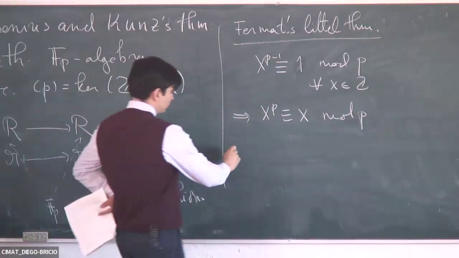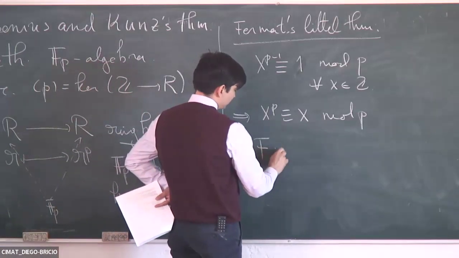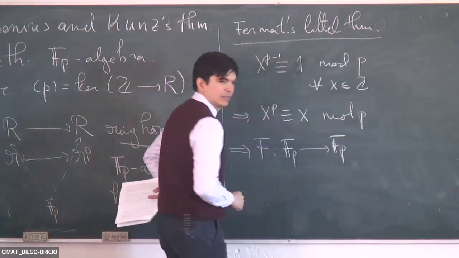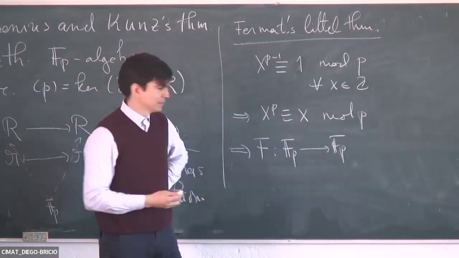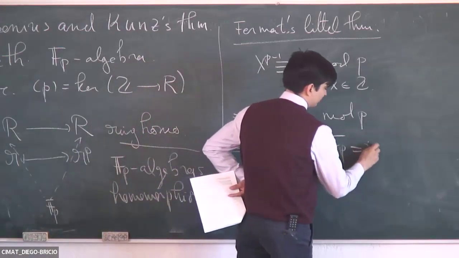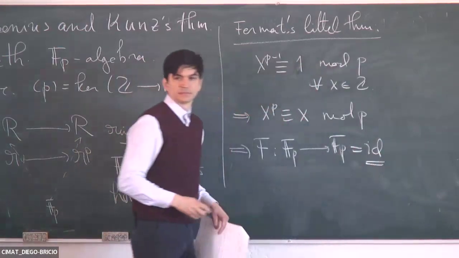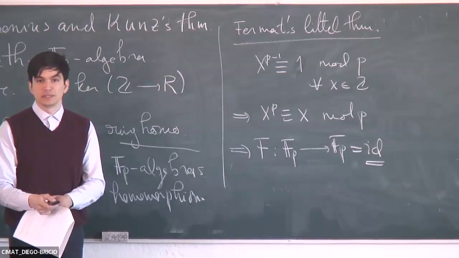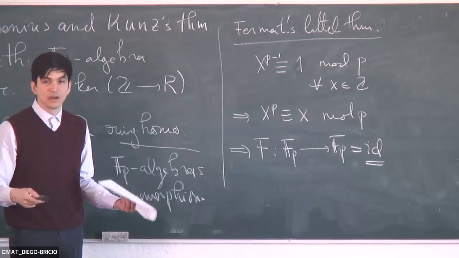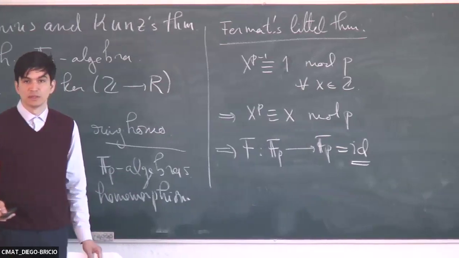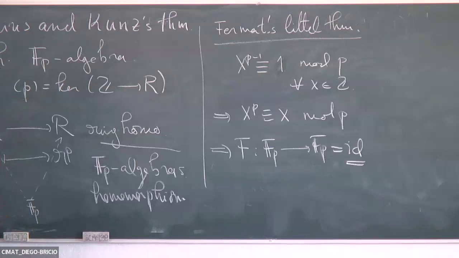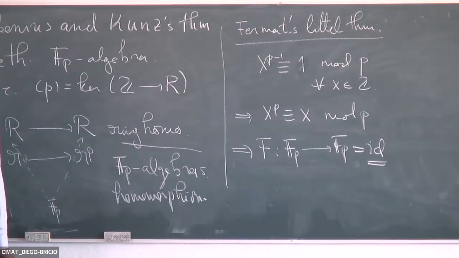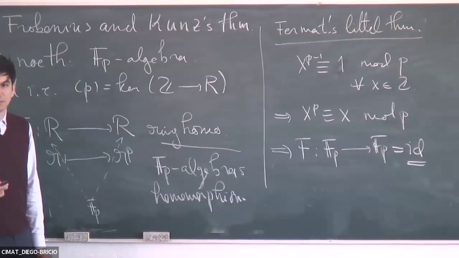Right? In other words, the Frobenius of F_p is the identity map. That's why Frobenius is a relative thing. It's a homomorphism of F_p algebras as well. Okay, is that okay? It's a trivial observation, but it's an important one.